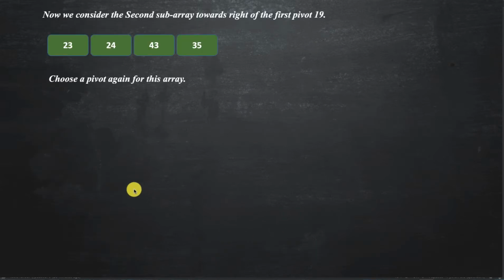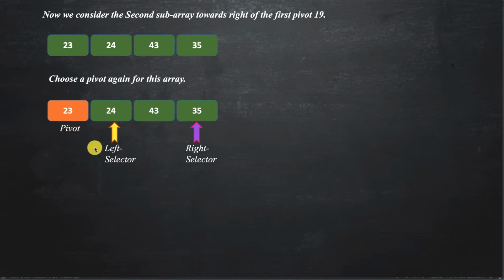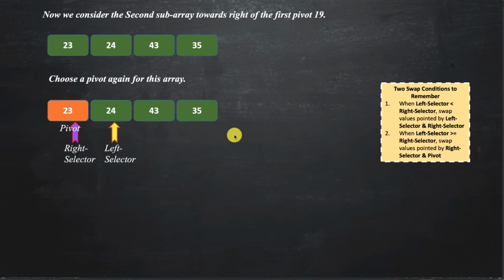Let's now apply the same process on the second sub-array. We will choose the first element as a pivot. We'll have again a left selector and a right selector. The left selector needs to find an element greater than the pivot, and 24 is already greater than the pivot, and the right selector needs to find an element smaller than or equal to the pivot, so it will go up to here. Now in this case, the second condition is true, where the left selector is greater than or equal to the right selector.